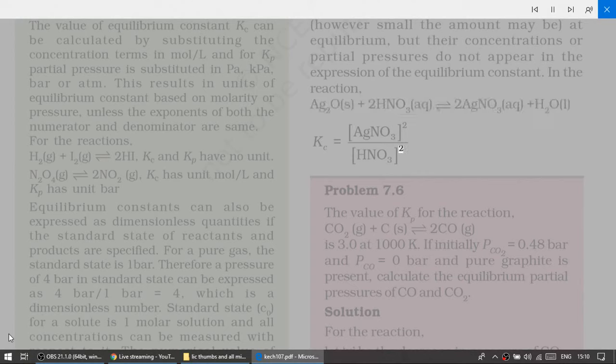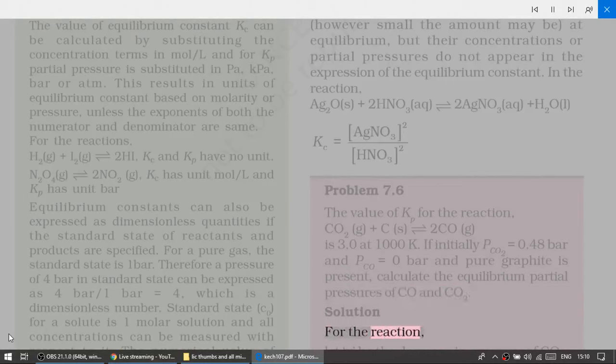In the reaction Ag2O(s) + 2HNO3(aq) ⇌ 2AgNO3(aq) + H2O(l), Kc = [AgNO3]^2/[HNO3]^2. Problem 7.6. The value of Kp for the reaction CO2(g) + C(s) ⇌ 2CO(g) is 3.0 at 1000 K. If initially PCO2 = 0.48 bar and PCO = 0 bar and pure graphite is present, calculate the equilibrium partial pressures of CO and CO2.